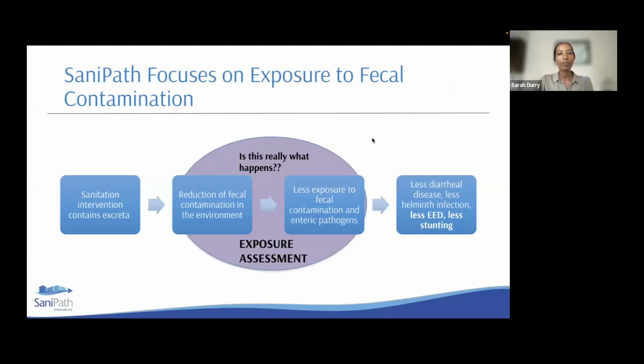We know from some recent results that several intervention trials expected health outcomes that were not observed. So did these trials actually reduce exposure to fecal contamination at all? Or did they reduce exposure enough to make a difference? So the SaniPath tool really focuses on these two center boxes of exposure assessment.